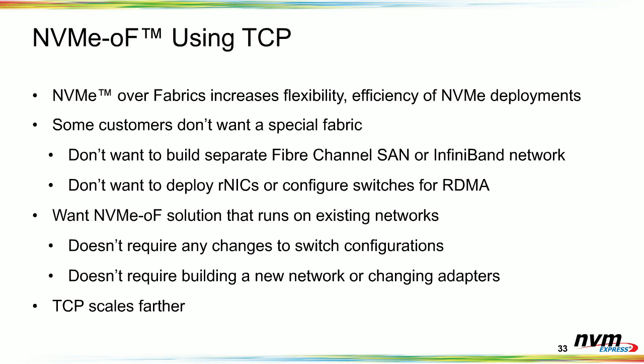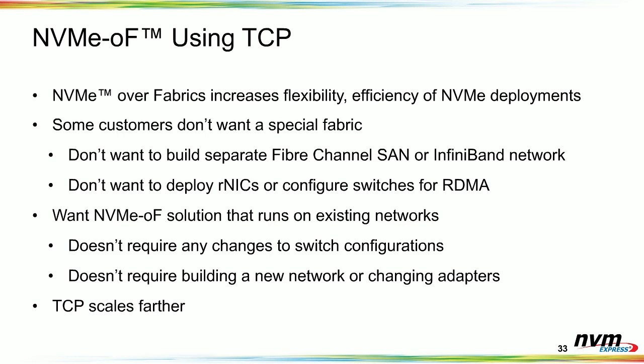Let me go ahead now and talk about one of the new options for NVMe over Fabrics, which is to run it over a fabric based on the TCP protocol. First of all, there are many customers who like NVMe over Fabrics because it increases flexibility. It, in some cases, increases efficiency of NVMe deployments because NVMe by itself is a way of accessing local flash storage or other non-volatile storage.